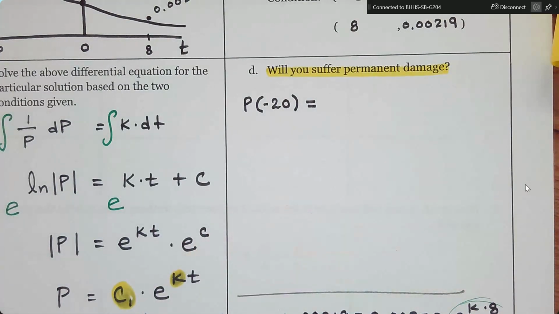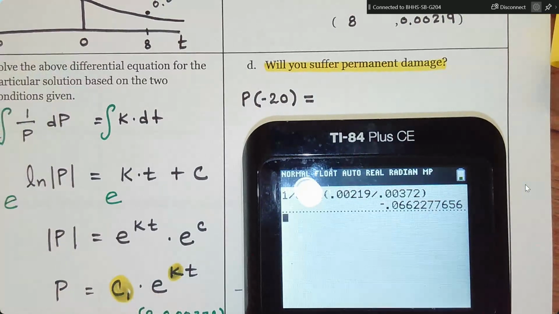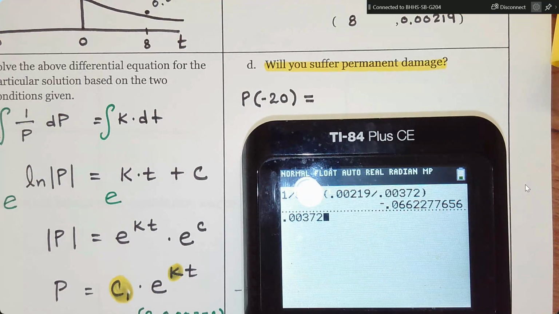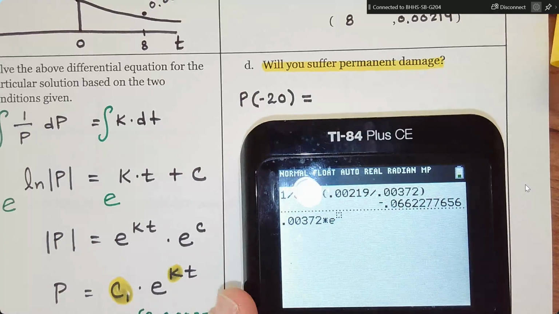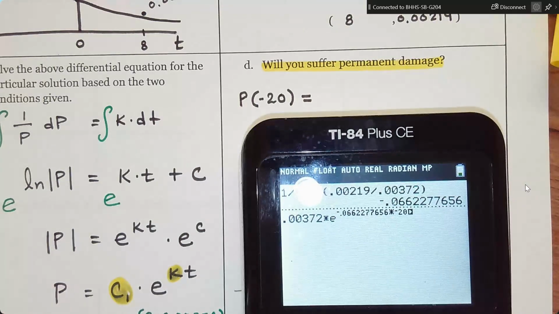So that would be plugging negative 20 in. So I'm going to go 0.00372 times e to the, I'm going to take this whole number when I plug it in because it's the most accurate way to go, times negative 20.